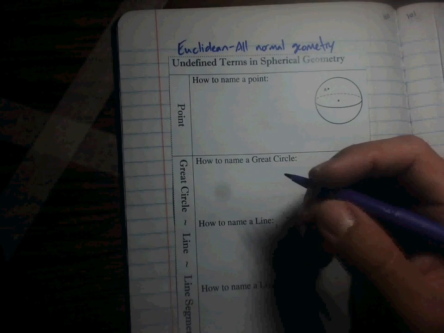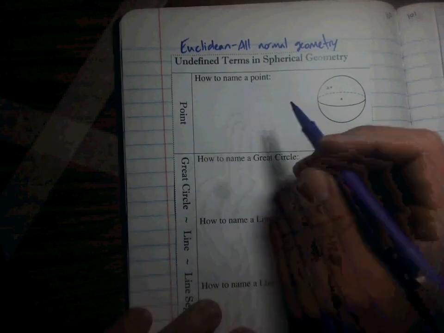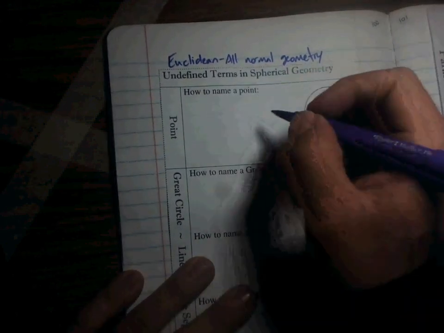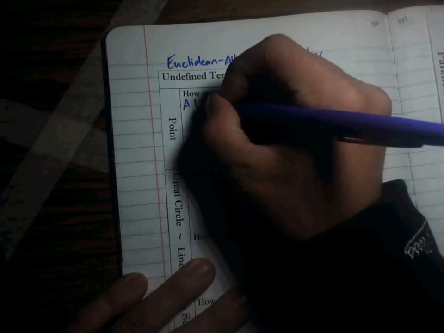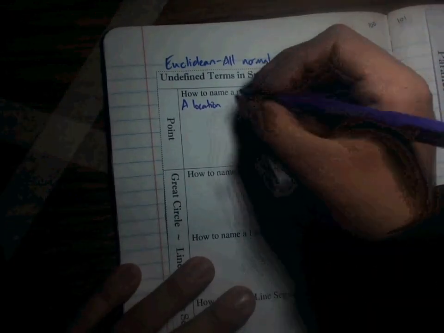To name a point, you just need a dot. It's a location made by a dot with a capital letter.